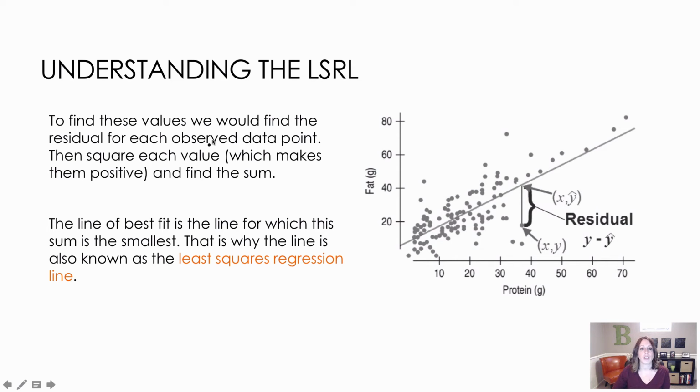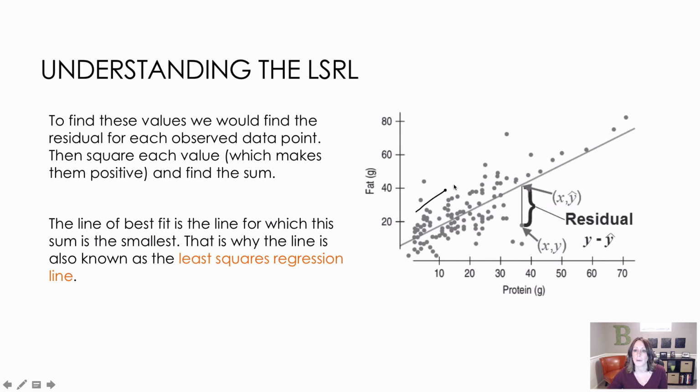To find those values, essentially we would find the residuals for all of our data points, which of course we will not do by hand because that's ridiculous. And then we're going to square each value because we want all of the values to become positive. We're going to add them up to find the sum. And then whatever value that is, we're trying to find the smallest one of those.